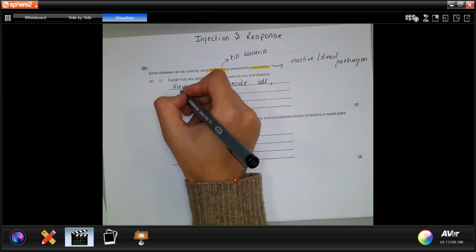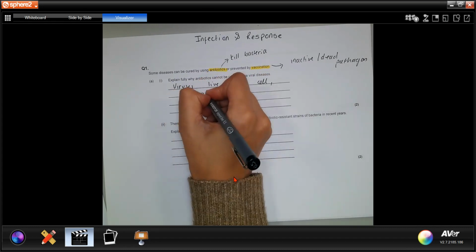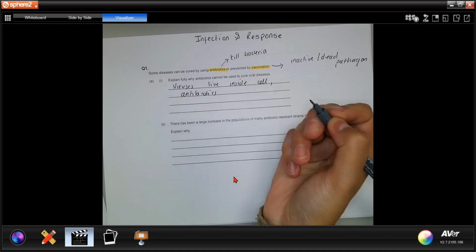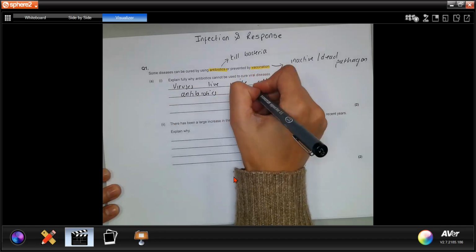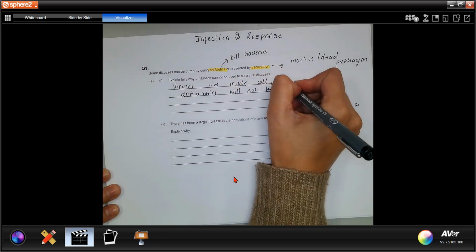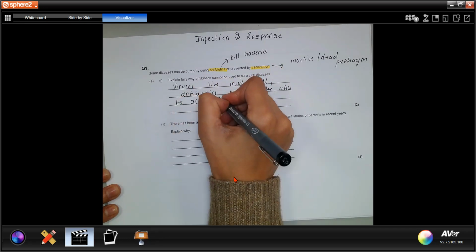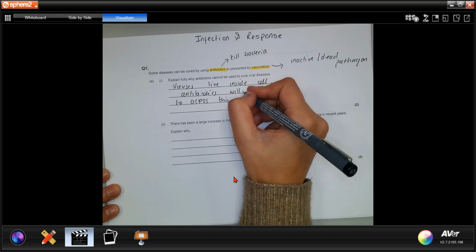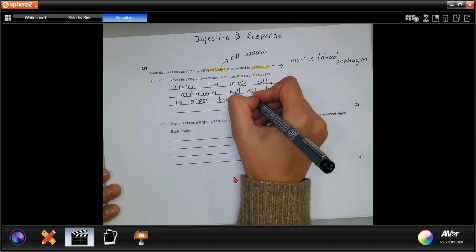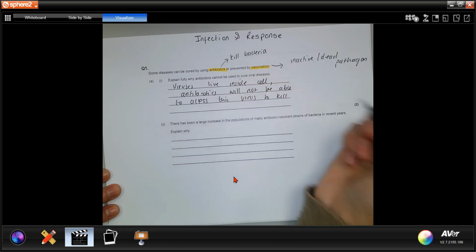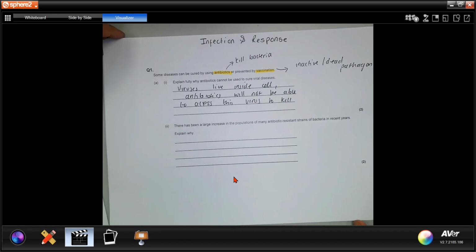And as they live inside the cell, antibiotics will not be able to access this pathogen, this virus, to kill. It would have to overcome the whole cell, which is not possible. So therefore, viruses cannot be cured by antibiotics.